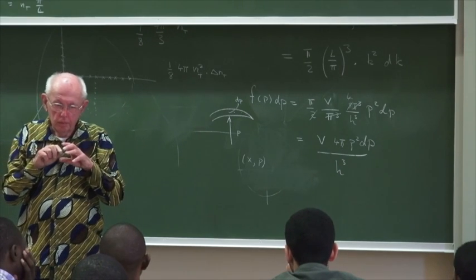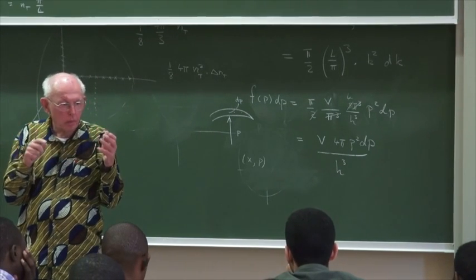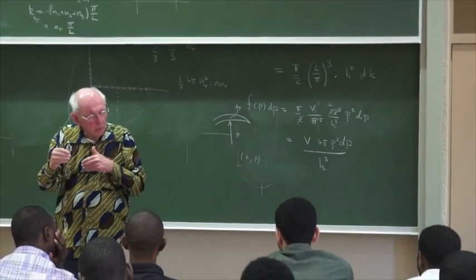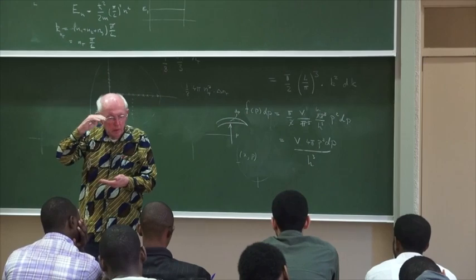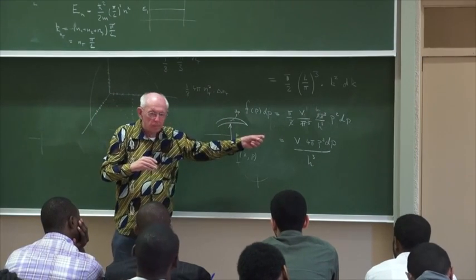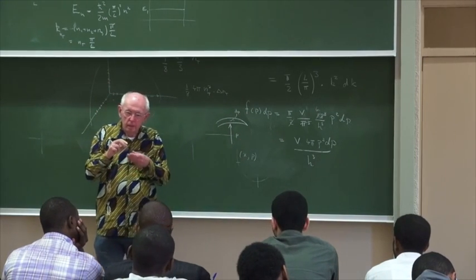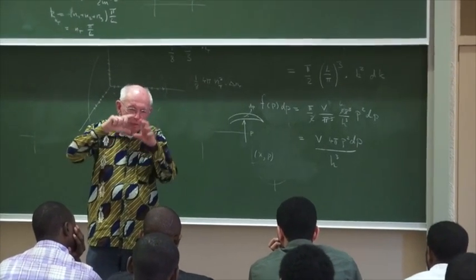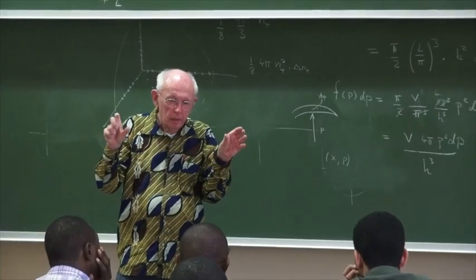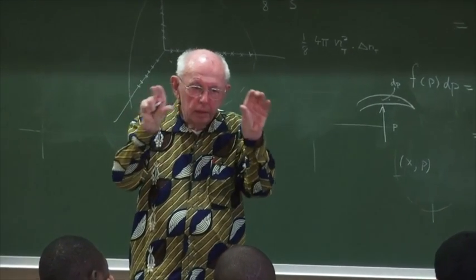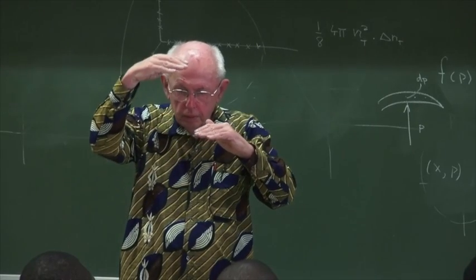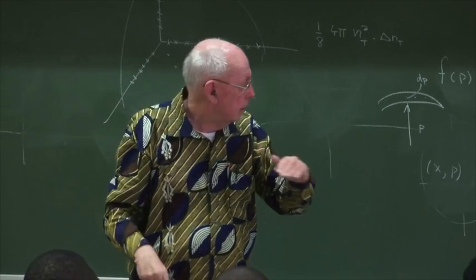So what is the volume in phase space? It's the volume of the box in x, y, z direction, which gives the volume. And it's the volume in the p part of phase space, which is a section of it: anything between p and p plus delta p. Okay?